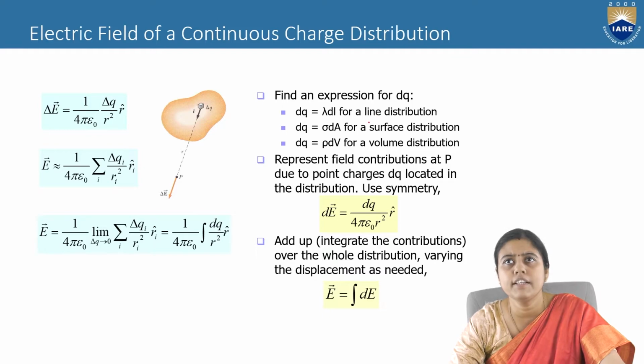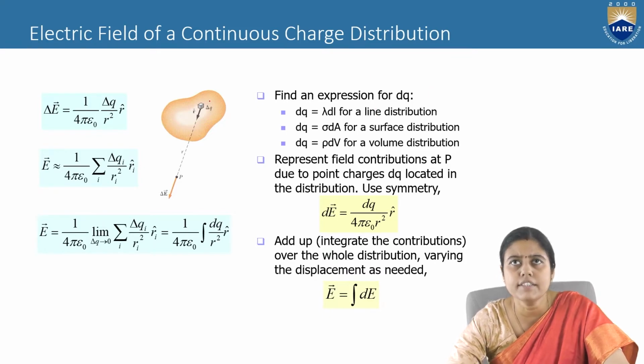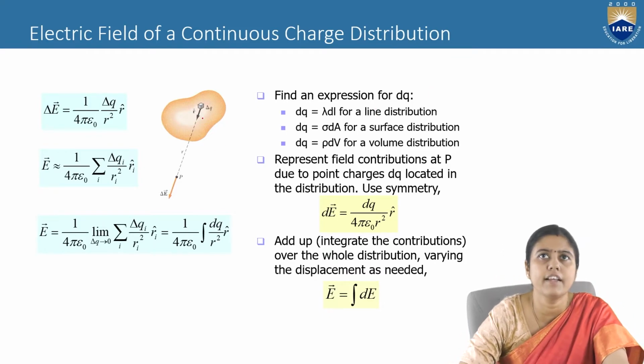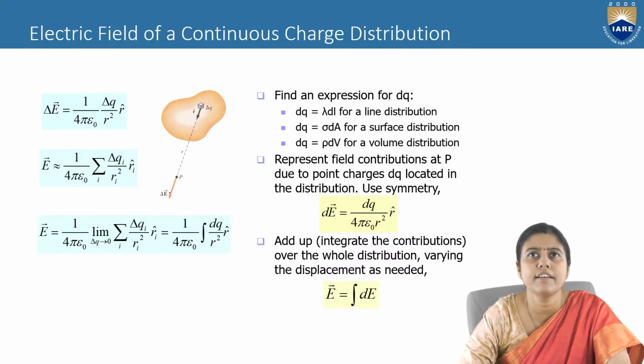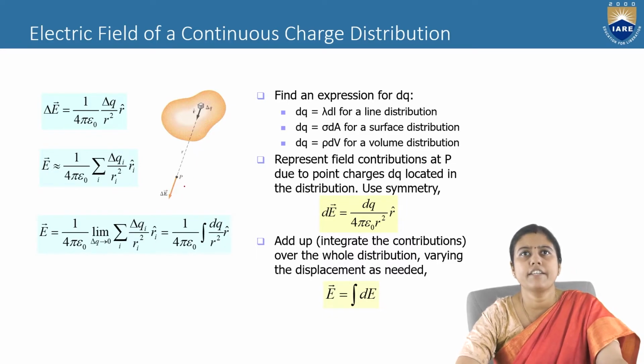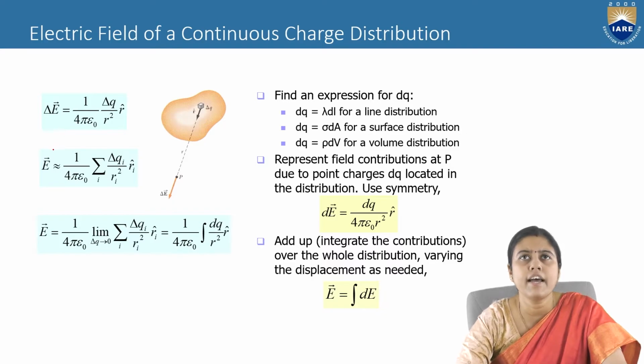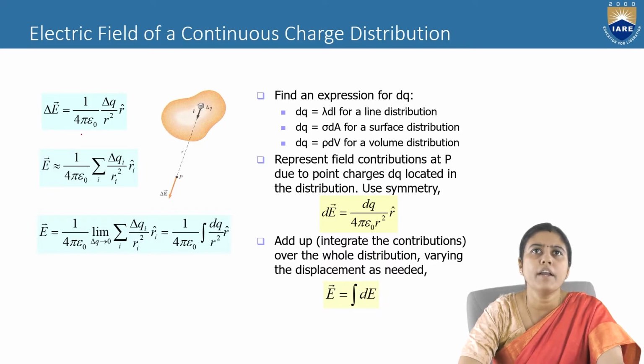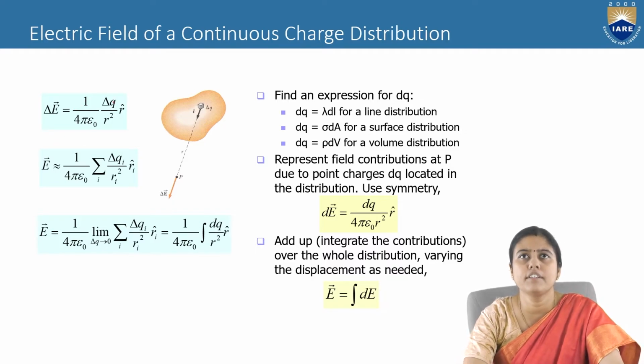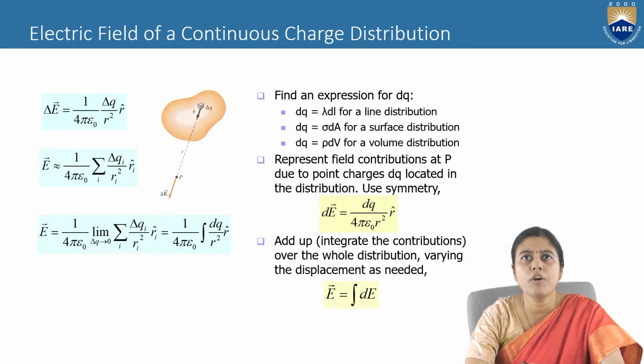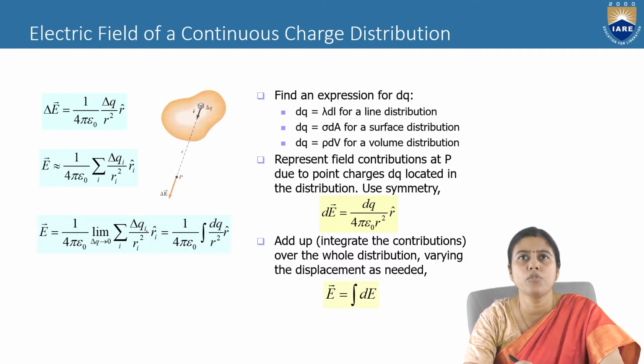So you can see that this is the electric field, and we are taking some direction. So delta E is equal to 1 by 4 pi epsilon 0 delta Q by r square, in the direction of r hat.